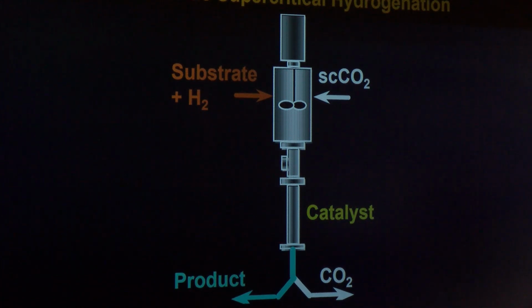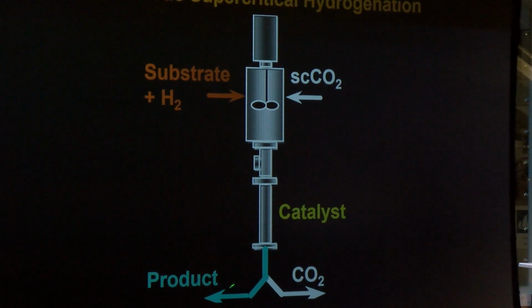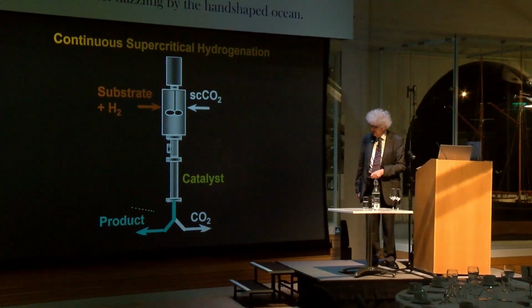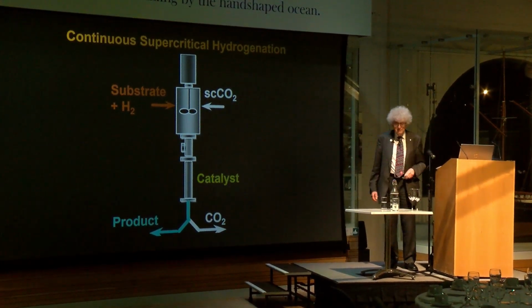Eventually, we used a bed of sand rather than a propeller, but to begin with, it was a mechanical one. It goes through a reactor with a catalyst. Reactant turns to product. Here, you release the pressure, and the product goes one way, and the CO2 as a gas goes the other way, and you can recycle it.